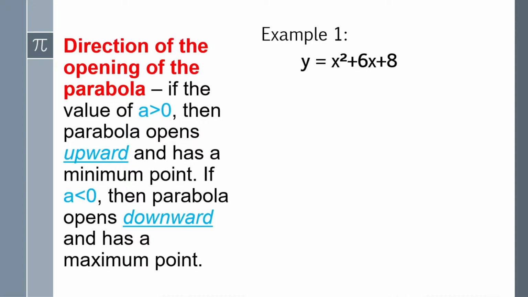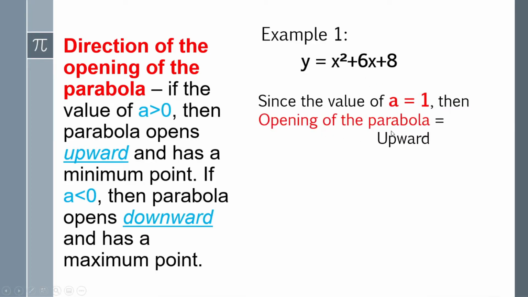When we say greater than 0, that is a positive number and has a minimum point. If a is less than 0 or that is a negative number, then the parabola opens downward and has a maximum point.